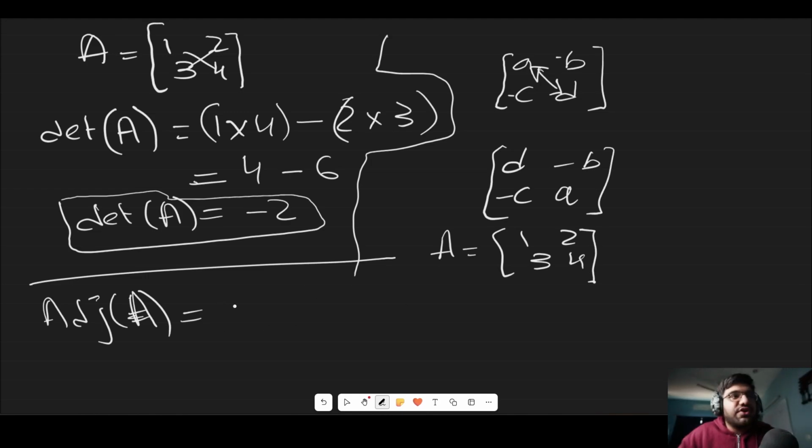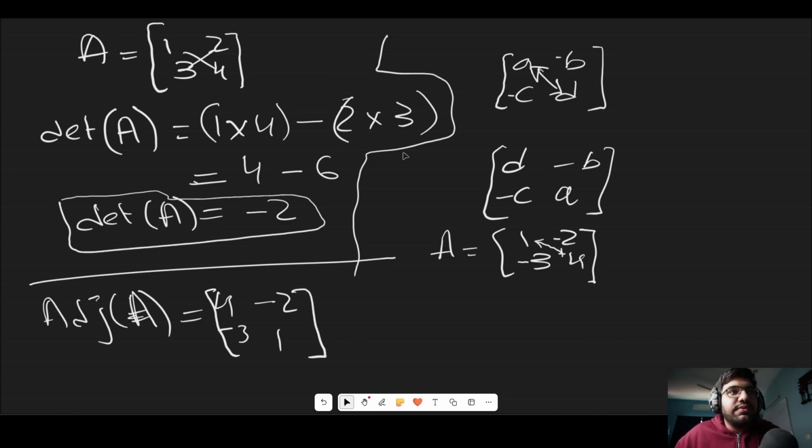So if we take the adjoint, that would become 4, 1, since these entries would change their positions, and there would be a negative sign on the other diagonal. So 4, 1, minus 2, and minus 3. This is the adjoint of matrix A.